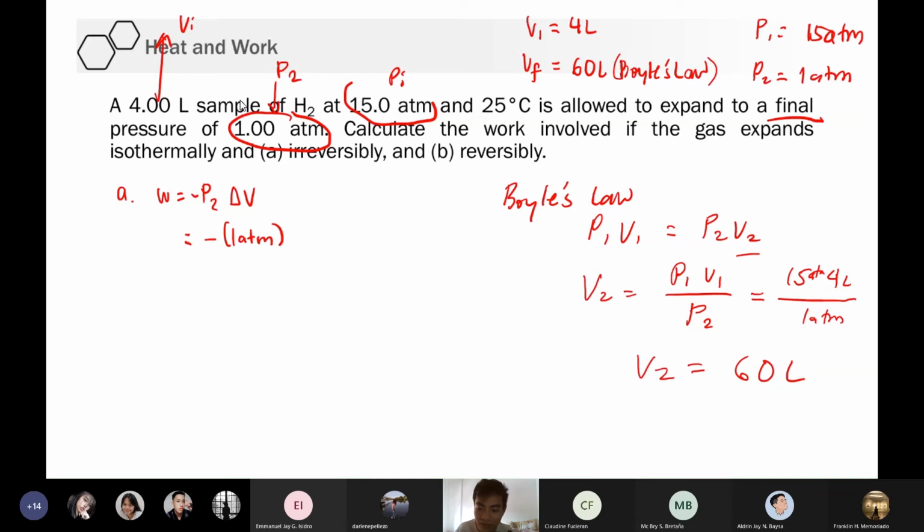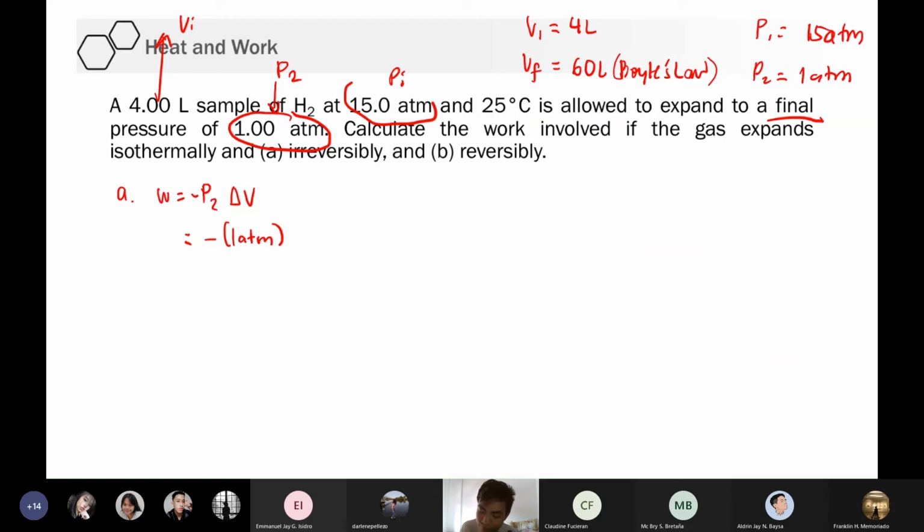Okay lang naman kung hindi nyo na-get siya sa una. Pero yan, nabigay ko na yung mga trick, no? Ganito yung mga usual na nangyayari sa questions. Ayan, burahin ko na yan para mas malinis. By using Boyle's law, I got VF as 60 liters. So, final minus initial. 60 minus 4, negative 56 liter ATM.